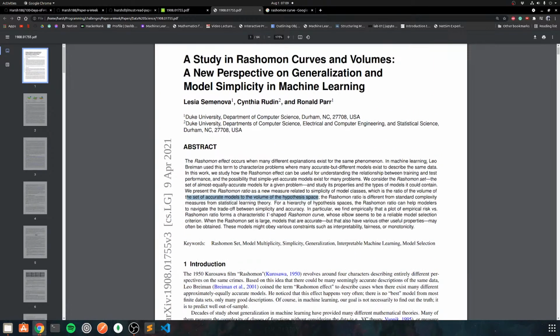This paper is, I guess, a continuation of Leo Breiman's work. Breiman talks about how there are multiple models for a single problem, and they can all have somewhat similar performance. So this paper tries to determine how to analyze the different models for a single problem, how to compare them, and pick out which one is the most beneficial for the current task.